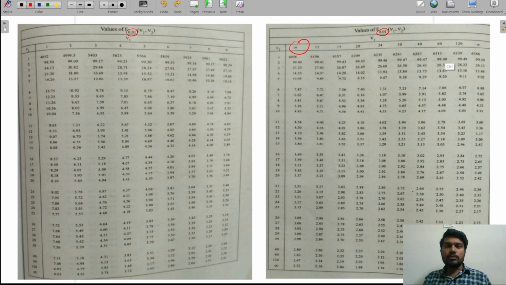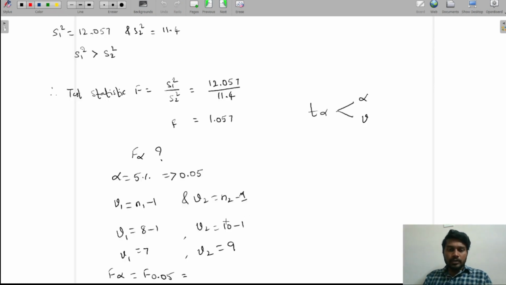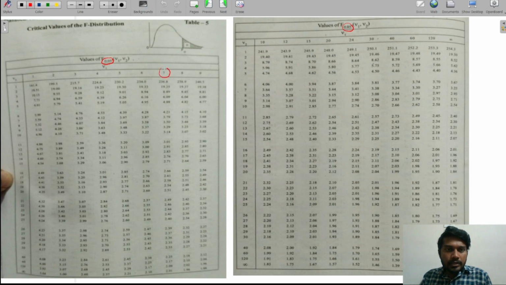So this is the conclusion between the first two tables and second two tables. Okay, right? So in our question, nu1 value is 7, nu2 value is 9. So nu1 value 7 is here, nu2 value 9 is here.